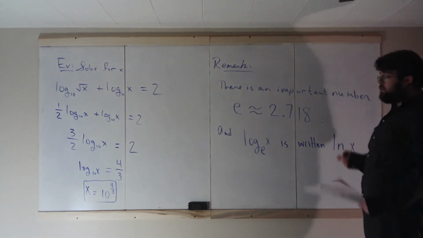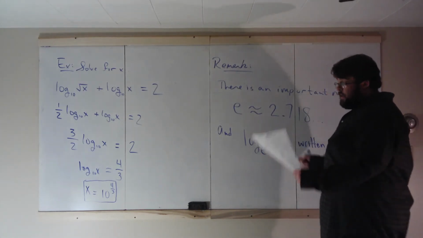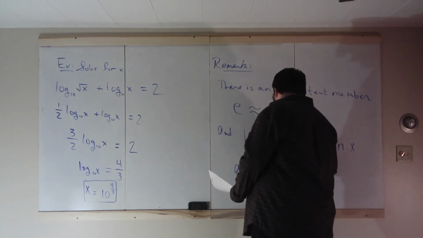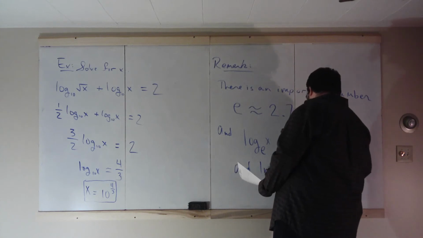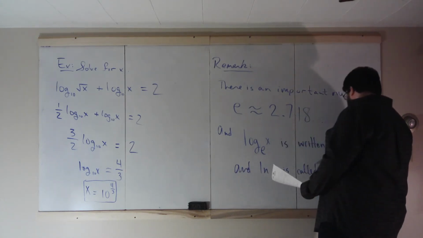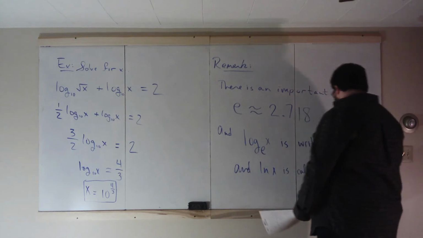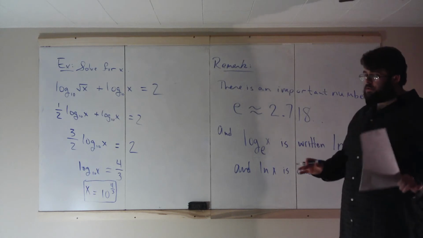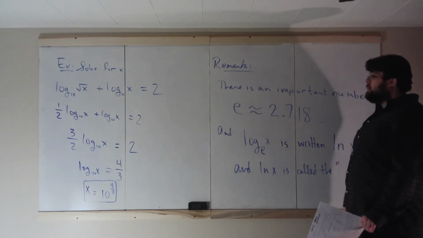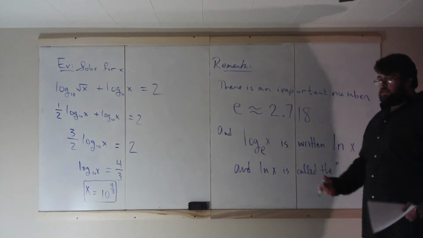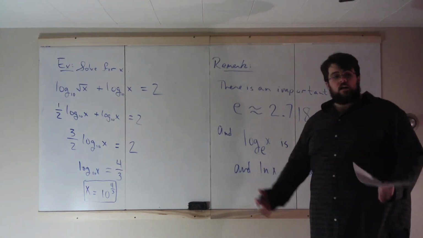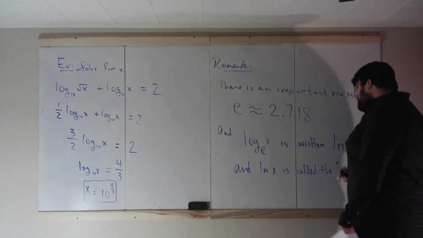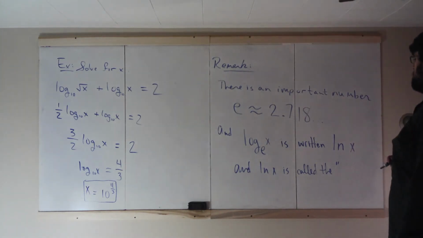So ln of x is assumed to mean a logarithm with base e, and it's called the natural logarithm, because e is known as the natural exponential, I should say. Natural number is very different. We'll actually see one of the reasons that it is in calculus. Those of you who may have seen calculus, the derivative of e to the x is itself. We'll see that at the end of week 2.